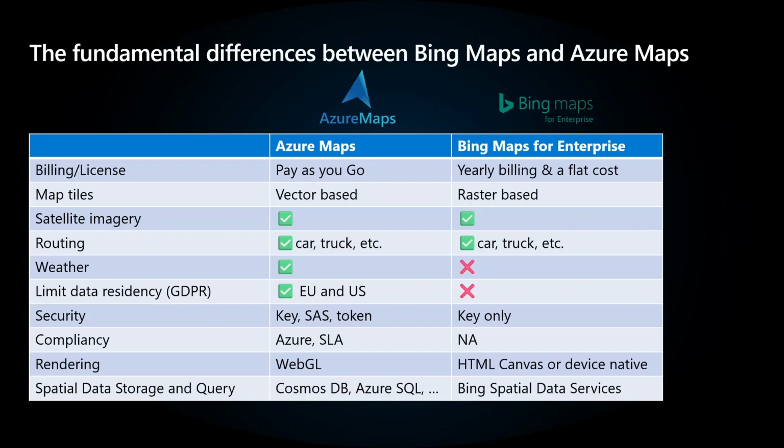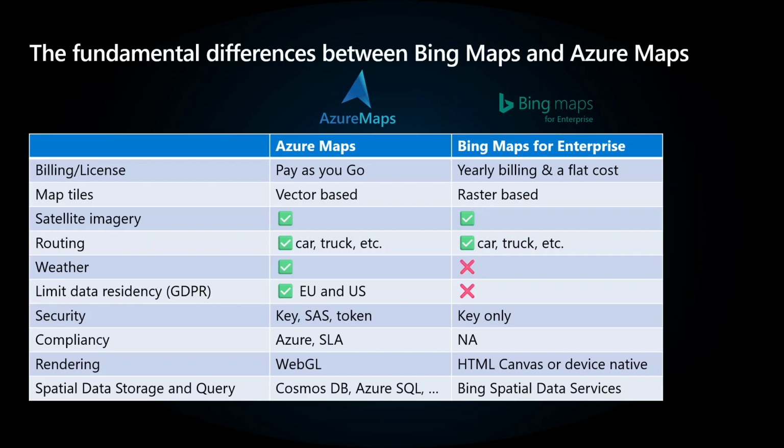So it's basically way more protected than what you can do with only a key in Bing Maps for Enterprise. I already told you that we do compliance. Because we are part of Azure, we also have an SLA, and we comply with regulations around the world, for example GDPR.